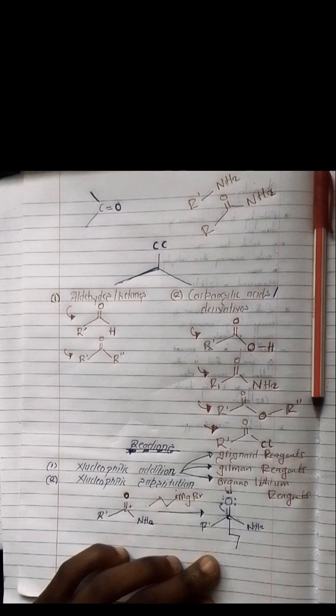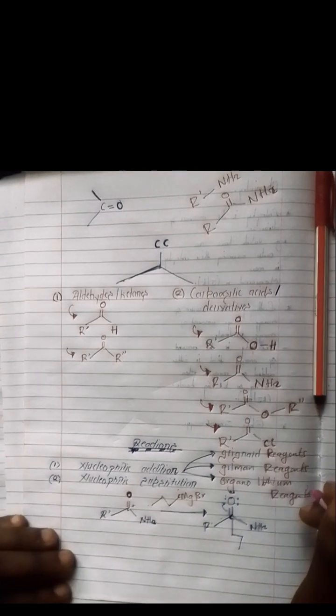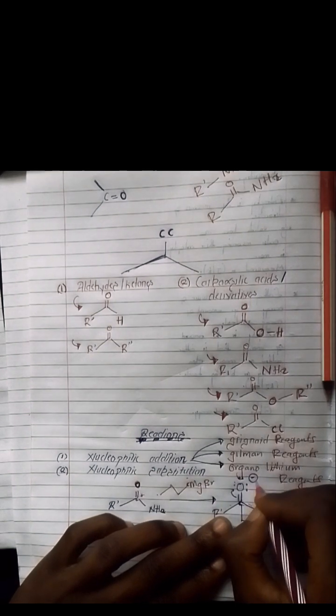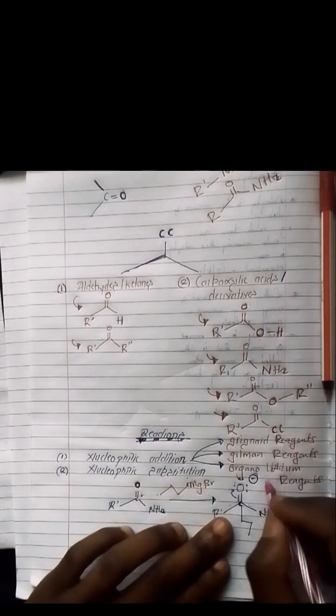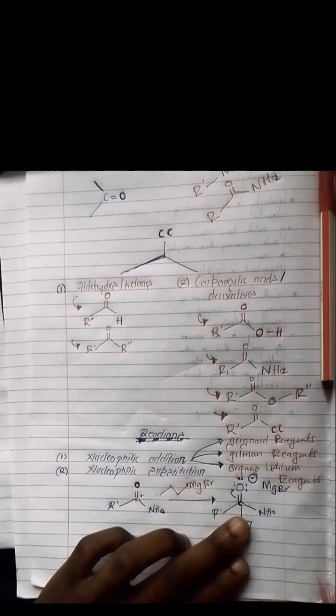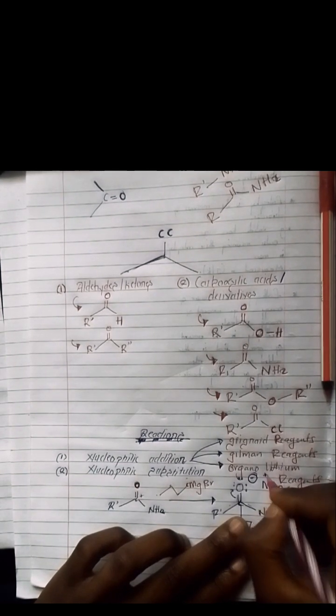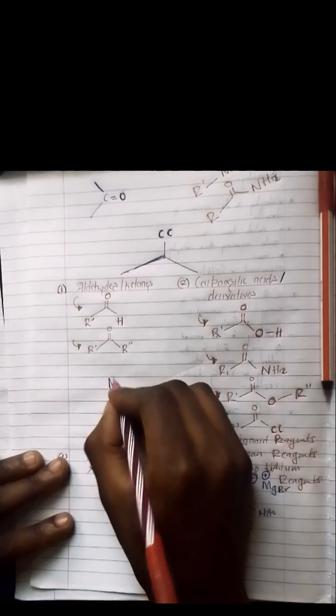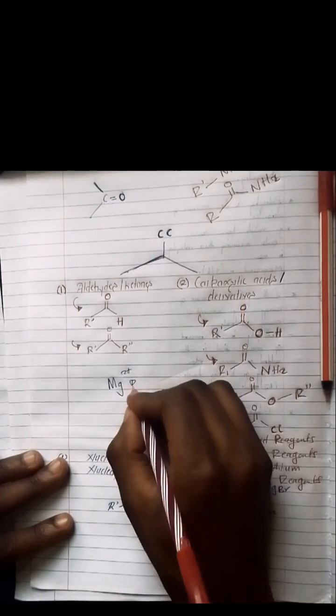When that happens, the oxygen here will have a net negative charge. Because it has a net negative charge, it can attract the magnesium bromide, which has a net positive charge. Why are we saying that? Magnesium has a charge of +2, bromine has a charge of -1.